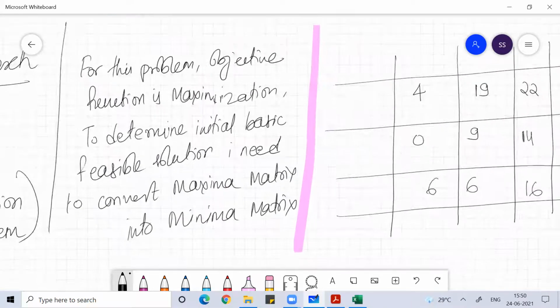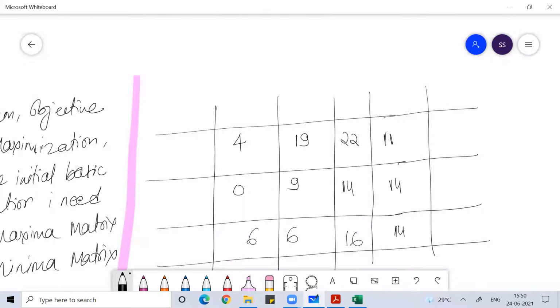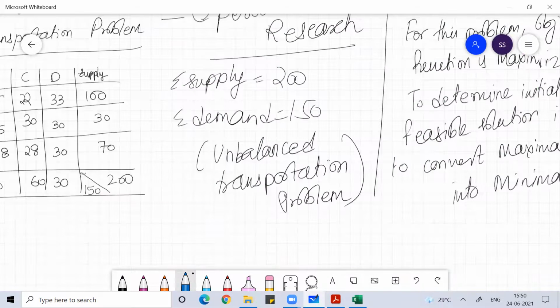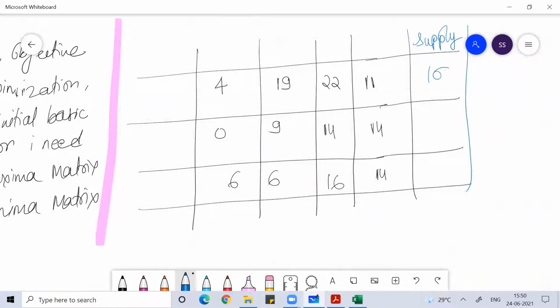If you see your supply, it is 100, 130, 70, 100, 30, 70.